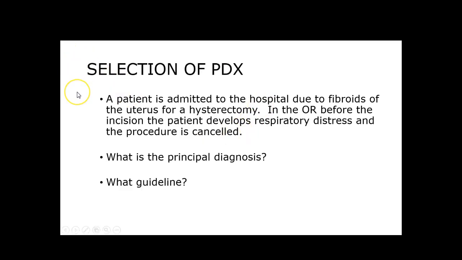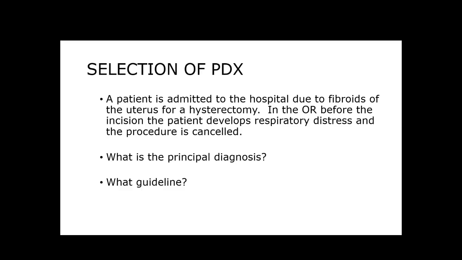So you will have scenarios like the one you see on your screen on your test. So this patient's admitted to the hospital due to fibroids of the uterus, and they're coming in for a hysterectomy. So in the OR, before there's an incision, the patient develops respiratory arrest and the procedure is canceled.